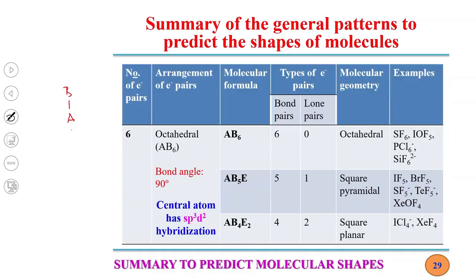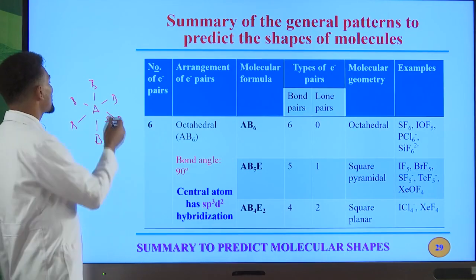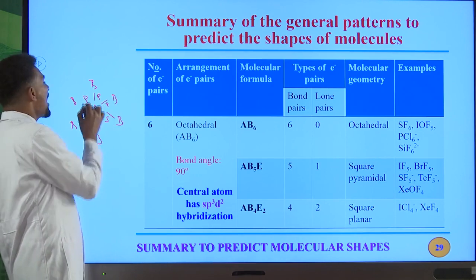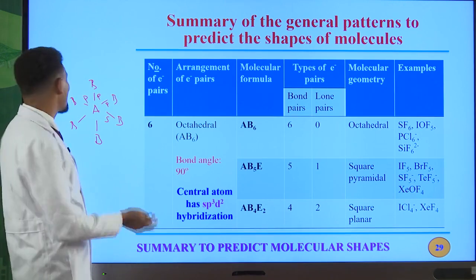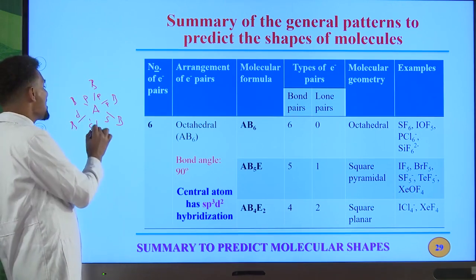Okay, let me show you this one. So totally we have how many B atoms? 6. The s orbital has only one orbital, so give this one s. The p orbital has 3 orbitals, so go up to 3 p. And the d orbital has 5 orbitals, but we are left with only 2 bonds, so give 2 d.